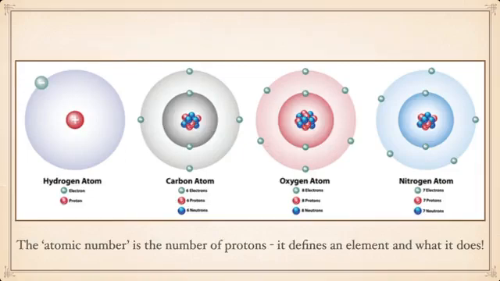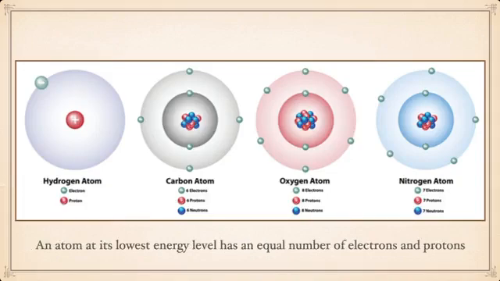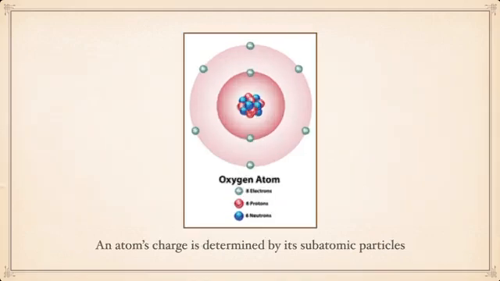The atomic number is the number of protons. The number of protons basically defines an element and what it can do. An atom at its lowest energy level has an equal number of electrons and protons. An atom's charge is determined by its subatomic particles, its electrons, its protons, its neutrons, and also the charge of a chemical compound.